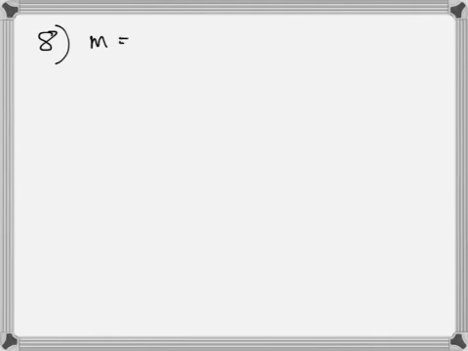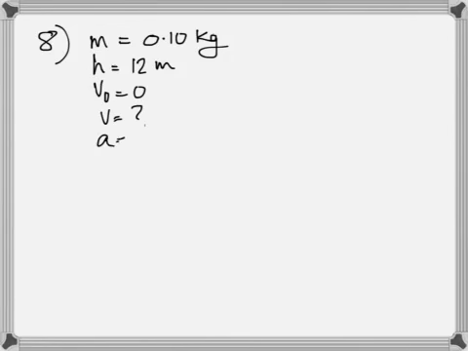In question 8, the mass of the ball is 0.10 kilogram. It's dropped from a height of 12 meter. And we have to find the velocity on reaching the ground. We know the initial is 0. The acceleration is 9.8 meter per second squared. So use the formula.